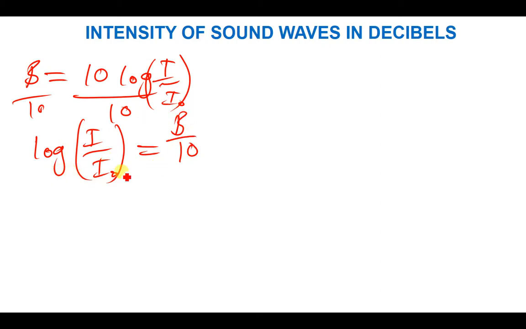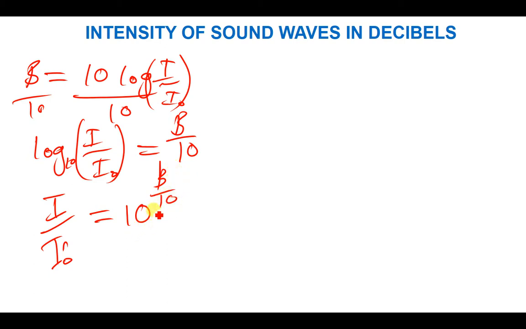We just convert the whole expression to exponential, meaning we have this log which is in base 10 because it doesn't have any base there, meaning it's in base 10. So we say I over I naught is equal to 10 to the power beta, which is just the intensity level, over 10.